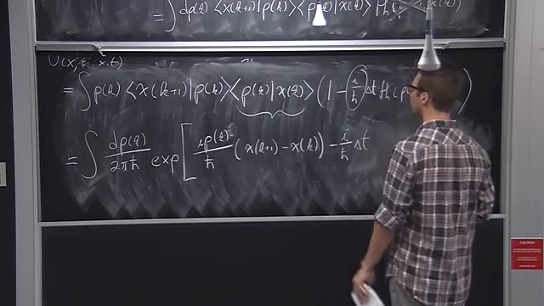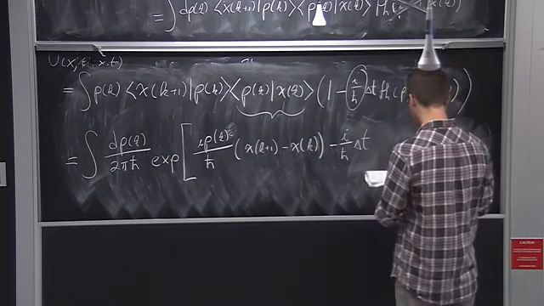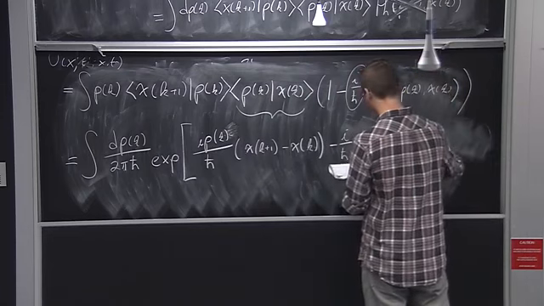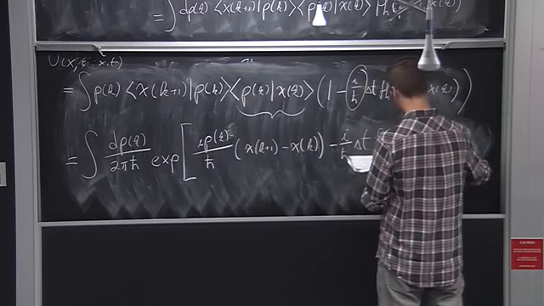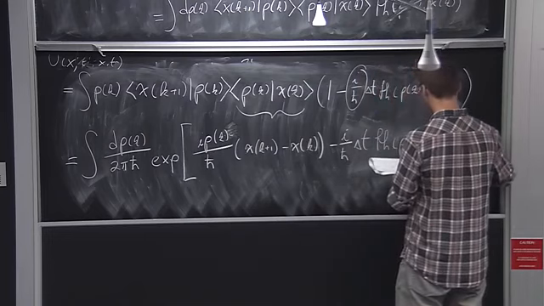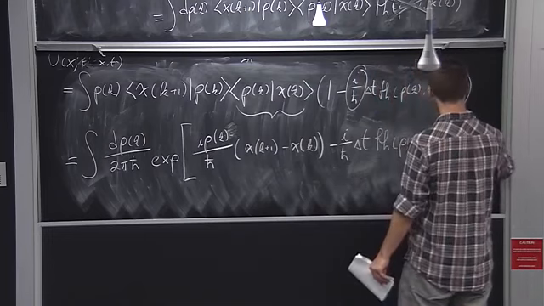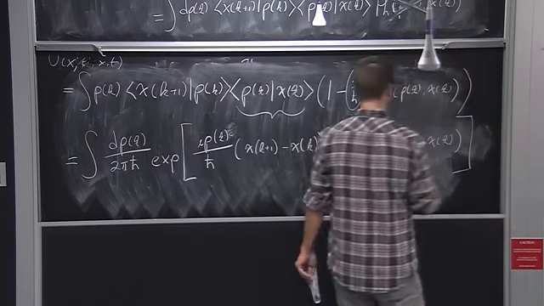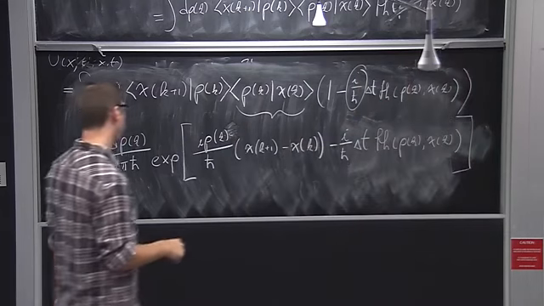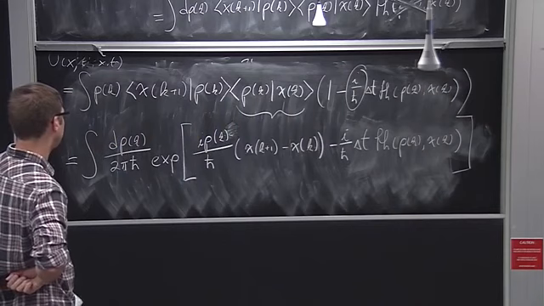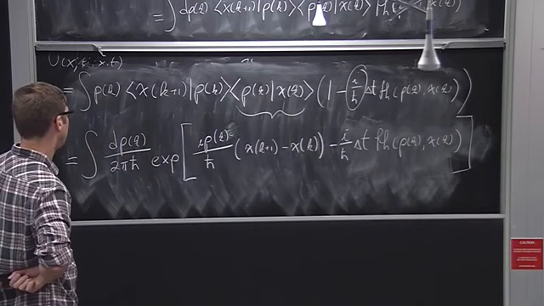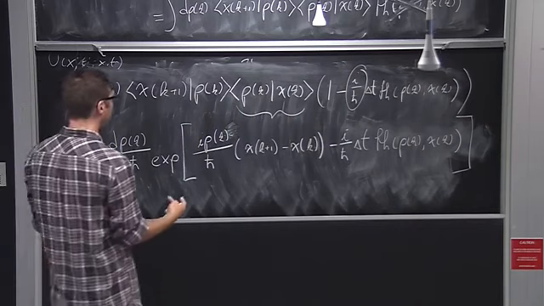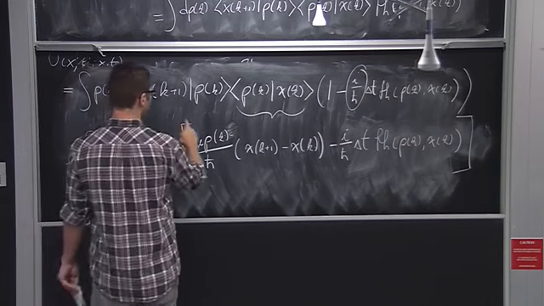Okay, now write this in terms of, yeah, so there's my delta t, there's my Hamiltonian. Okay? So what I have here is two of these matrix elements.